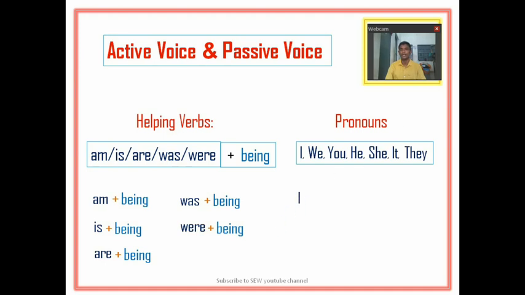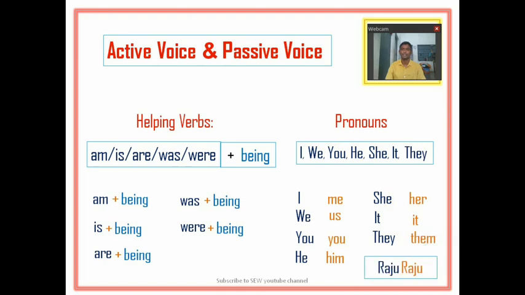So the subject pronoun is I and the object pronoun of I is me; we, us; you; he, him; she, her; it; they, them. So I hope you understood. And if it is a subject noun, then we should keep that as the subject only.